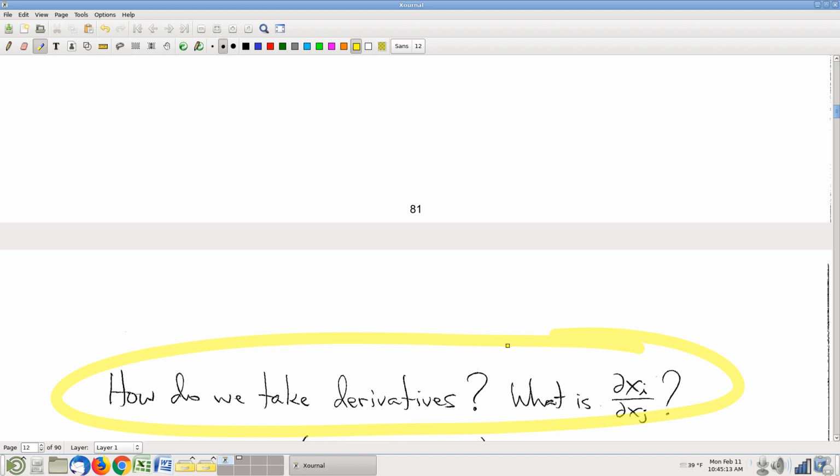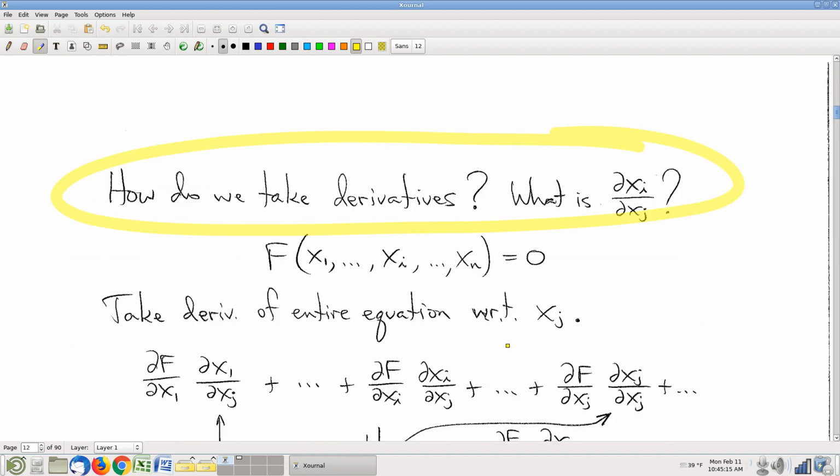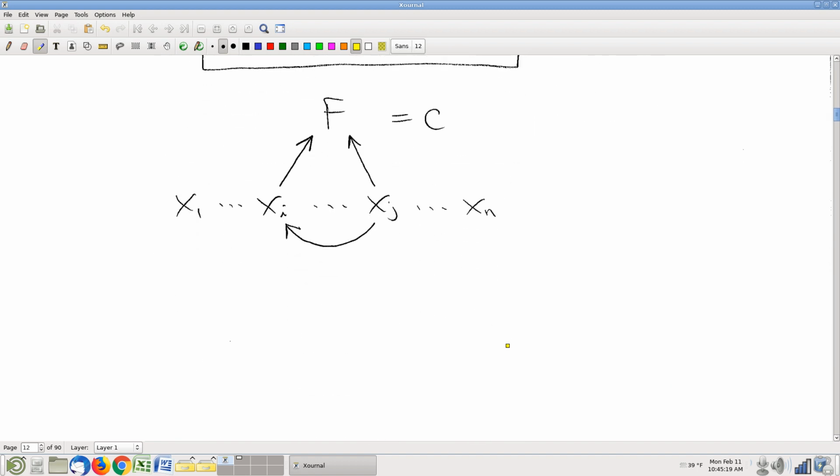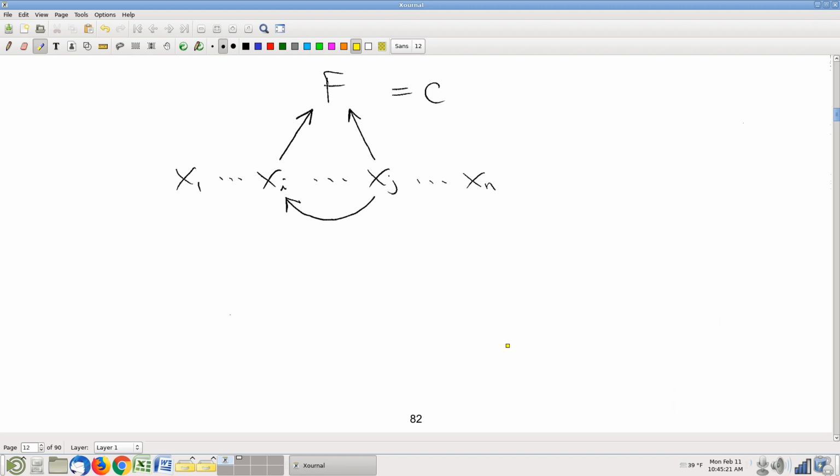I don't want to go to the algebra just yet. I want to scroll down past that for the moment. If you were following along in the lecture notes, just scroll down to the bottom of this next page and let's look at this diagram. So here's our scenario. We're looking at a level set, some function f that's a constant, being a function of several other variables, x1 through xn.